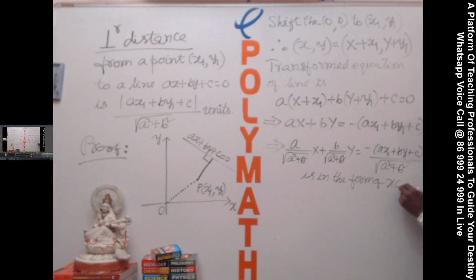x cos alpha plus y sin alpha is equal to p. What is there in place of p? It is nothing but minus of (ax1 plus by1 plus c) by root over a square plus b square.